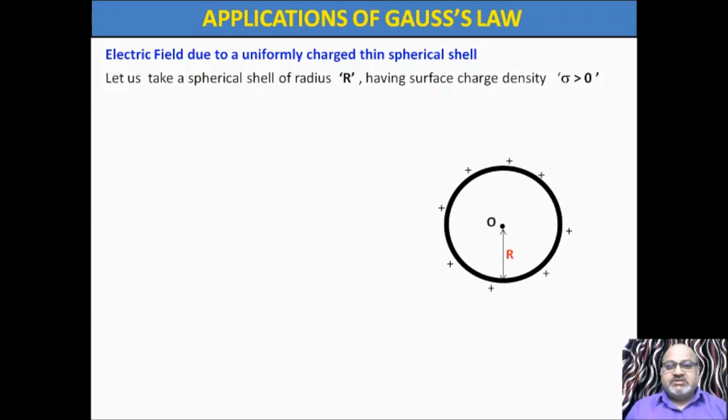It means this spherical shell is positively charged. Positive charges are there on the surface. Radius of the spherical shell is capital R, center is O. Surface charge density is positive, greater than 0. I repeat again, surface charge density is charge per unit area.